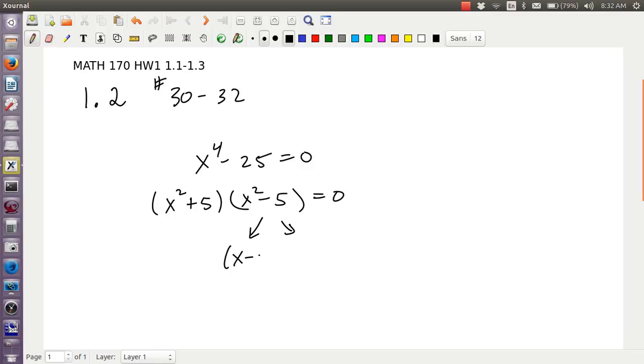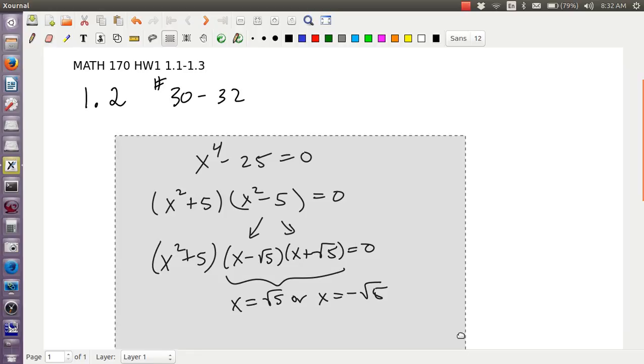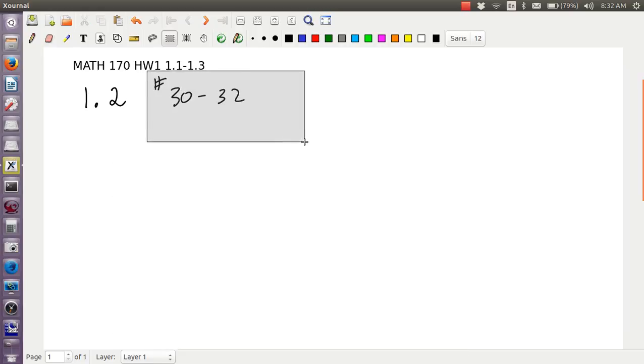This is x minus square root of 5, x plus square root of 5. So these guys are the roots we're concerned about. x can equal square root of 5, or x is equal to minus square root of 5. That's your little hint. Okay, so other than that, I think you should be able to get through those questions.